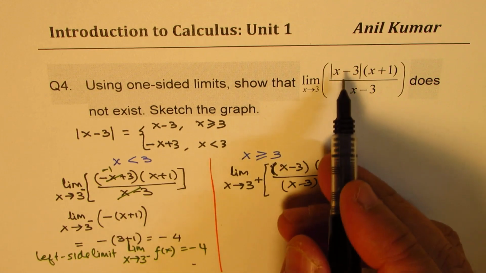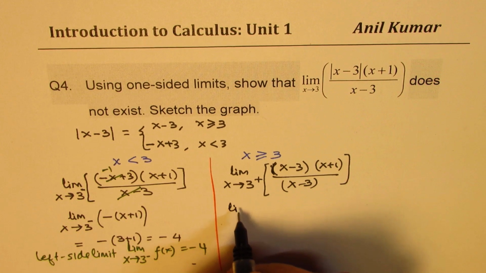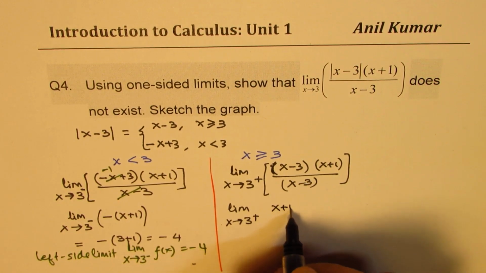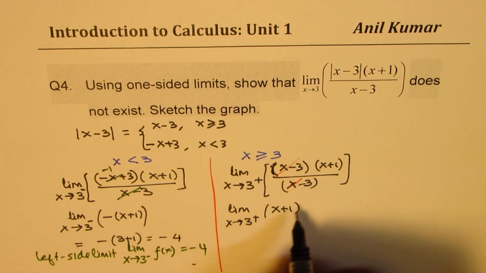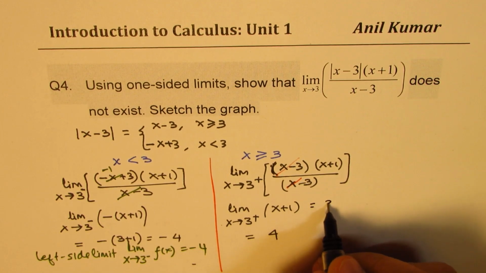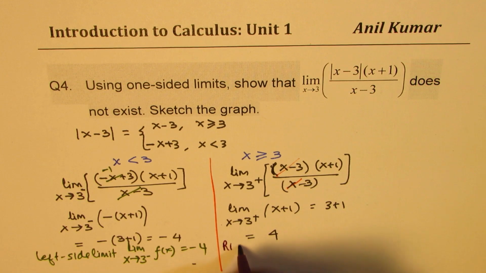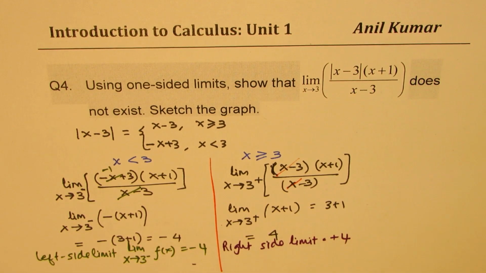So that is what the absolute function is equal to when x is greater than or equal to 3. This could be written as the limit x approaches 3 from the right side of x plus 1, since these two factors cancel. Substituting, we get this limit as 4, right? So this is like 3 plus 1, which is 4. So what we notice here is that the right side limit equals plus 4, correct?